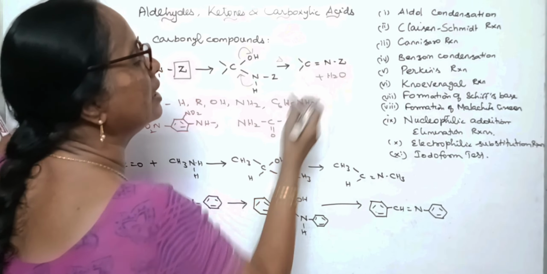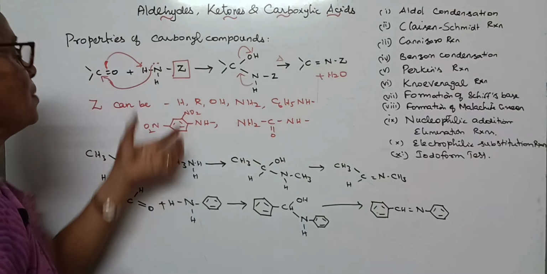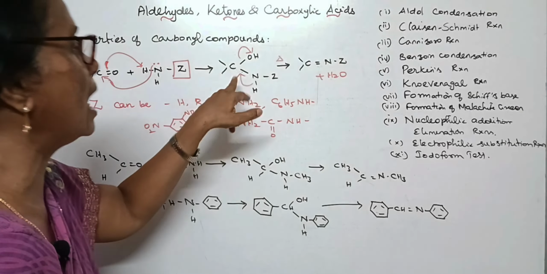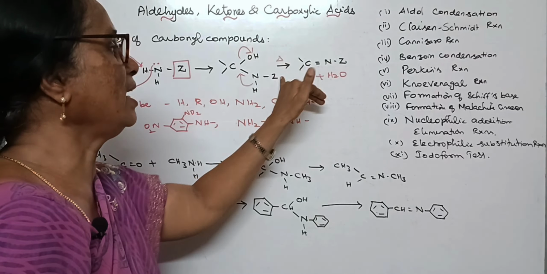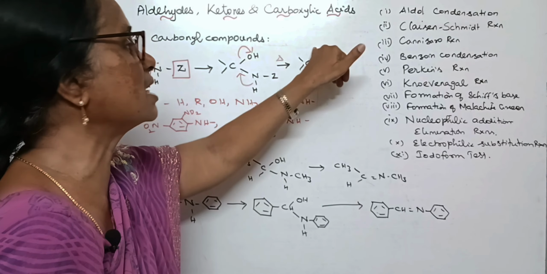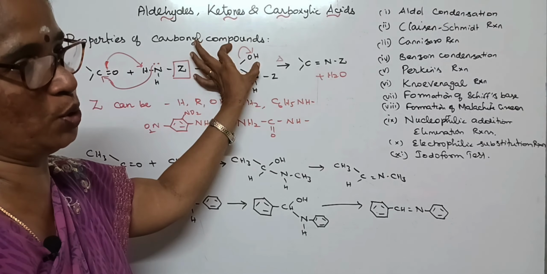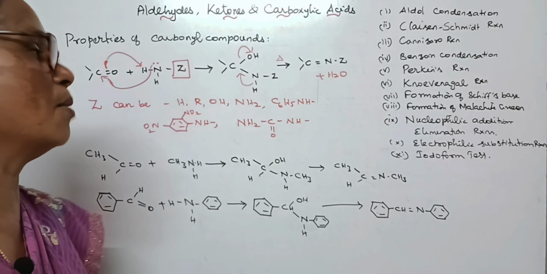So we are getting the derivative of the carbonyl compound. So in the first step, the ammonia derivative undergoes a nucleophilic addition reaction with the carbonyl group, and followed by heating there is an elimination of a water molecule between the NH group and the OH group. So we are getting the derivative of the carbonyl compound.